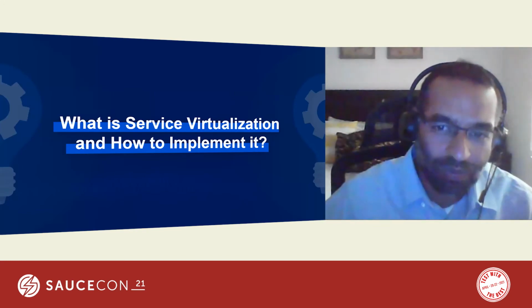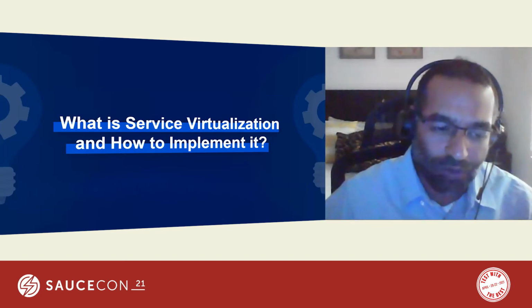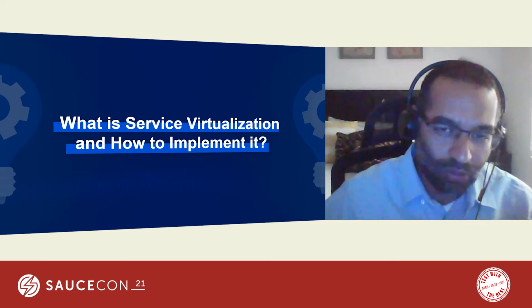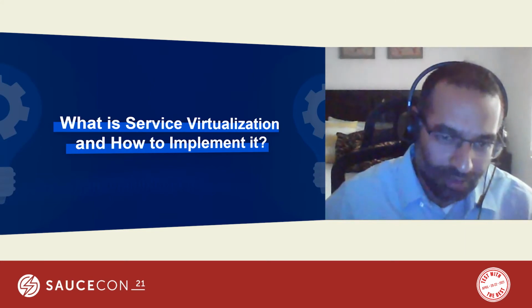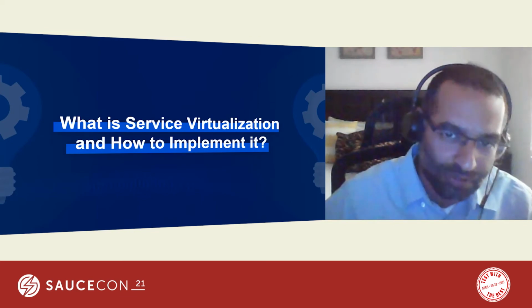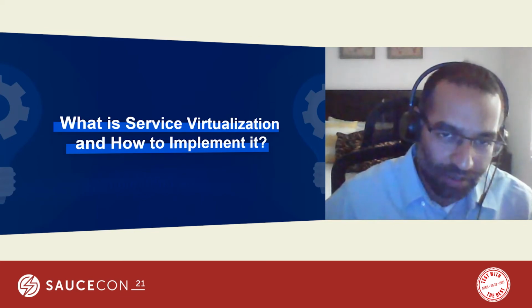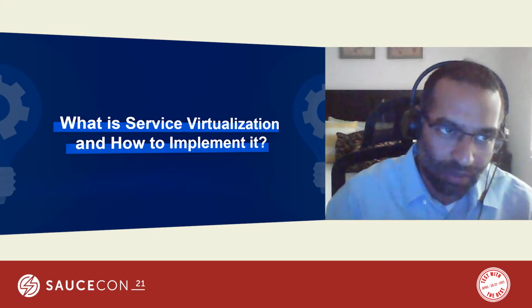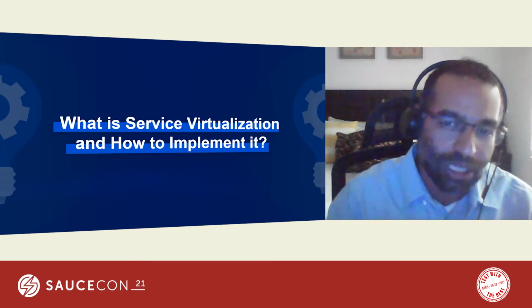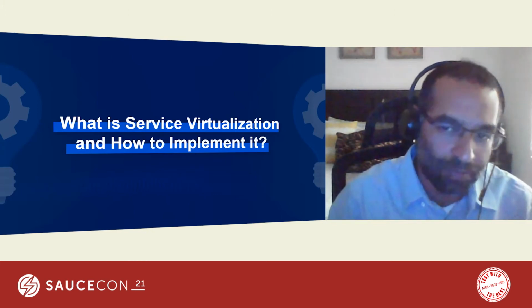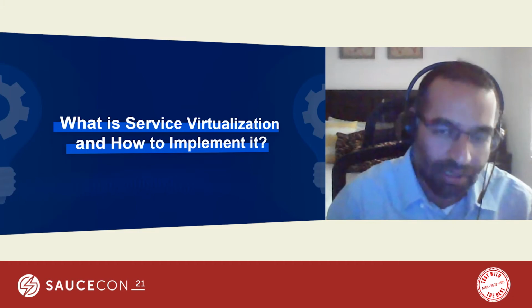So we're talking about test isolation and how to remove a dependency. Service virtualization is a step towards achieving this test isolation. I'm focusing here more on native apps, but this concept applies basically everywhere.